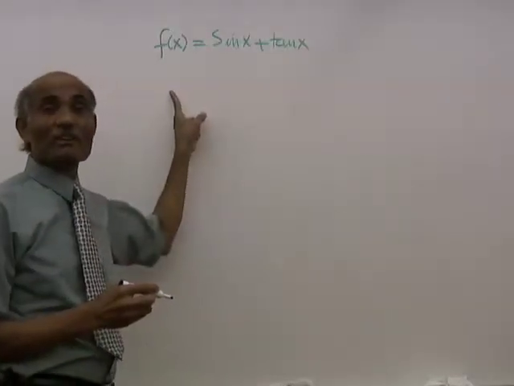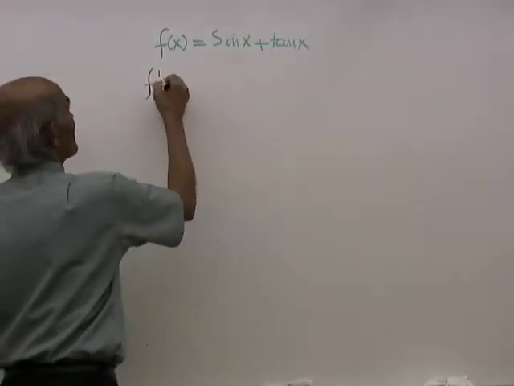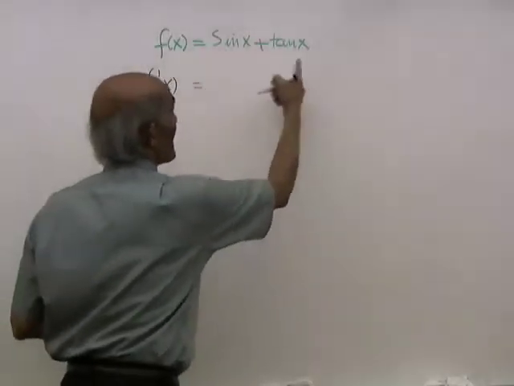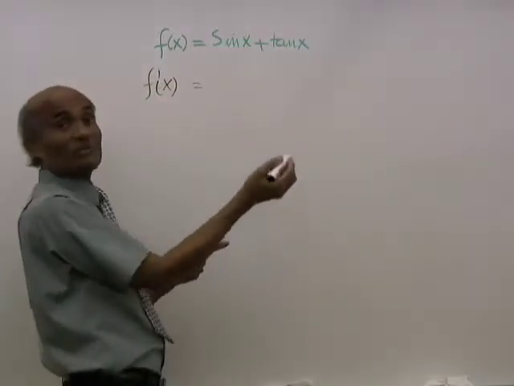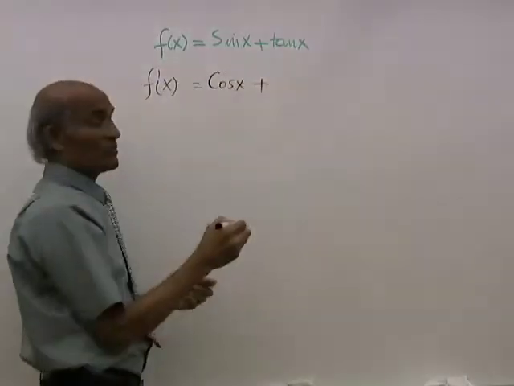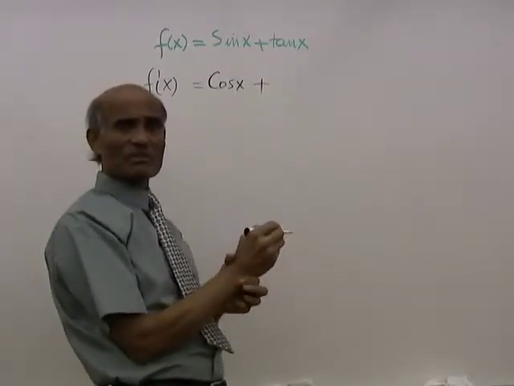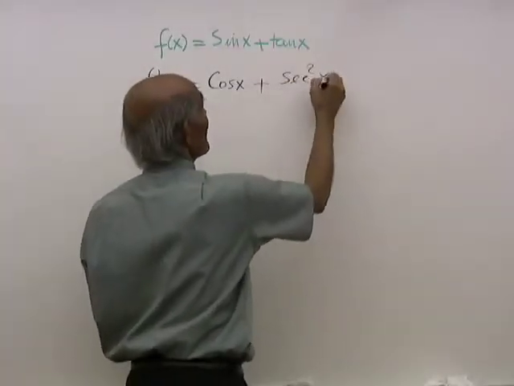We start by finding the derivative. So we have f prime of x equal to the derivative of sine x, which is cos x, plus the derivative of tan x, which is secant squared x.